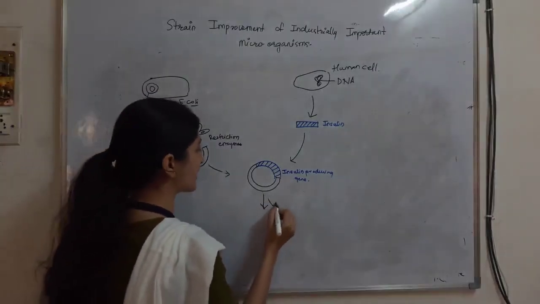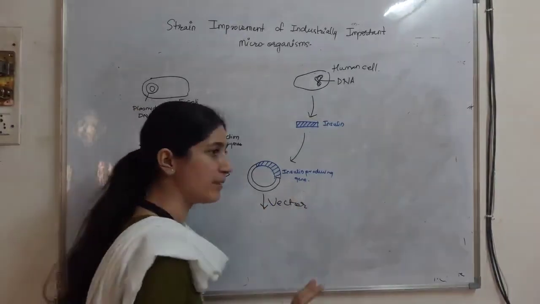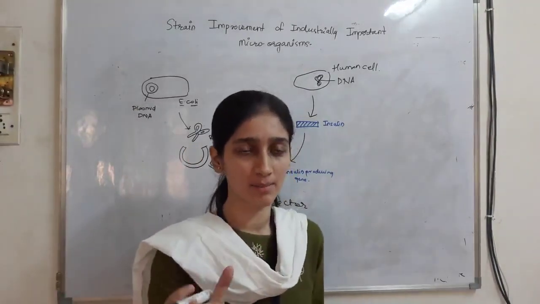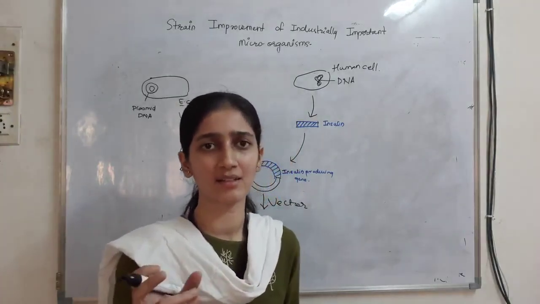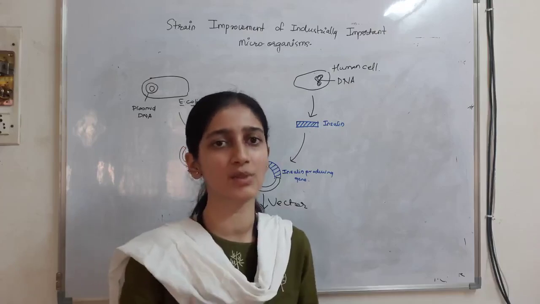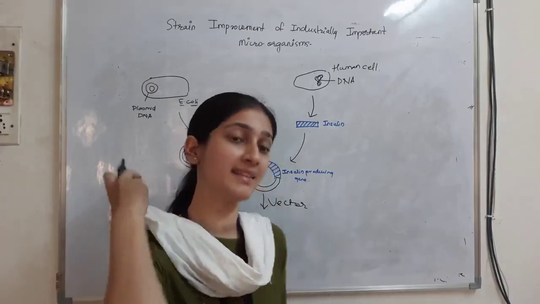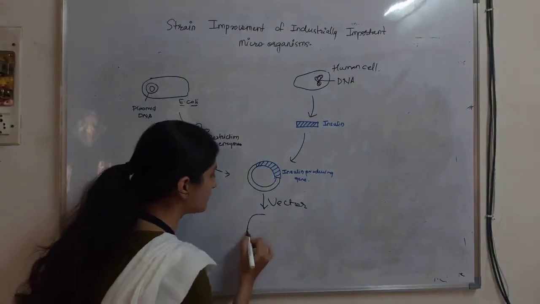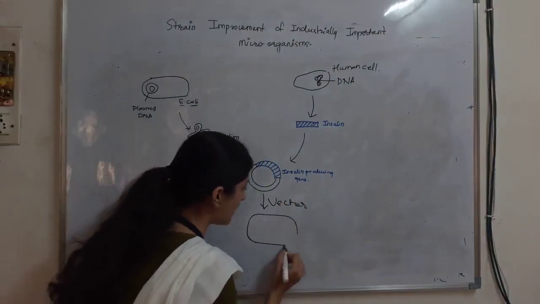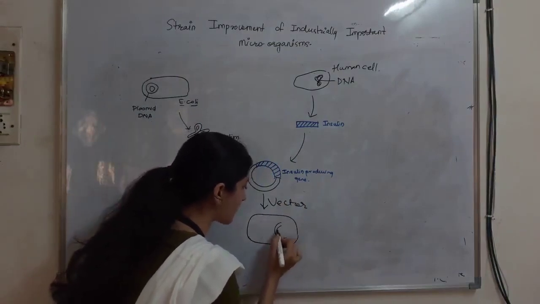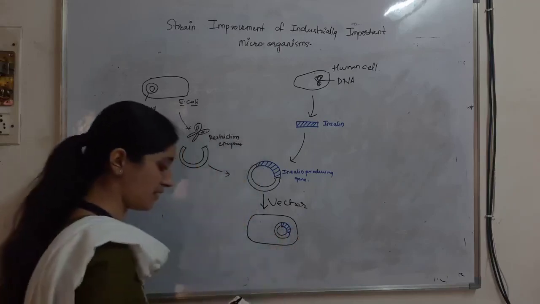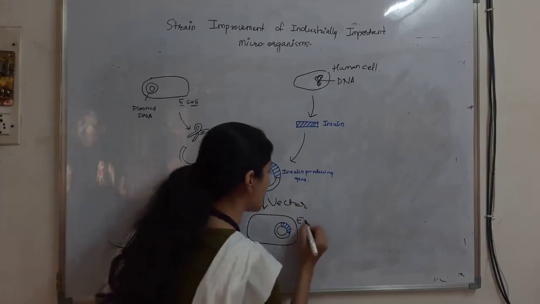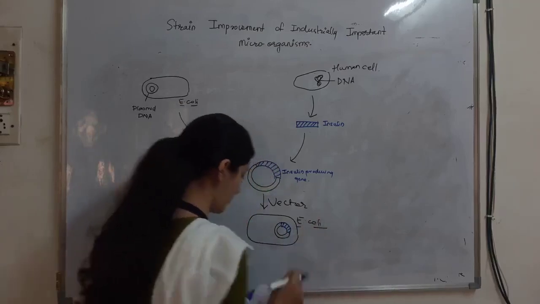Now, what we can do is transfer it into a vector which will help in the cloning of the same plasmid DNA. Cloning, as in if the plasmid DNA is self-replicating, it will self-replicate into many copies, and then it is transferred into another bacteria, suppose the same bacteria, E. coli.